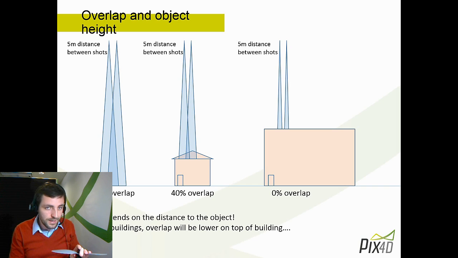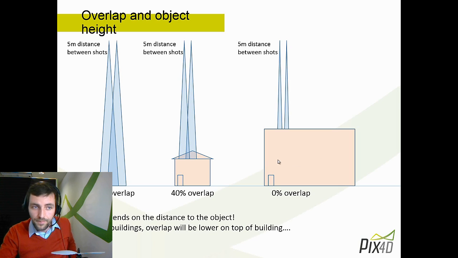To give an example, if you have objects of different heights in your scene that you're trying to map, and you keep the same distance between every shot, on the ground it's good. Let's pretend you have 70% overlap. Now let's imagine that you have a building in your scene. Then your camera is going to be above the roof of the building, and you're going to take a picture of the roof.